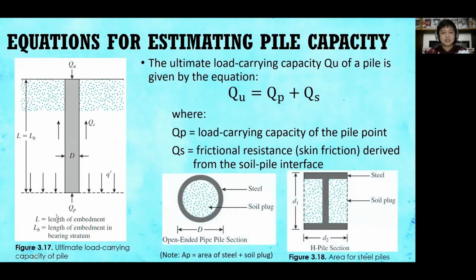In addition, for our diagram, we have our Q prime. Again, Q prime is the overburden pressure or surcharge. With the vertical effective stress concept, Q is equal to gamma prime times Z, where Z is the length of the pile.